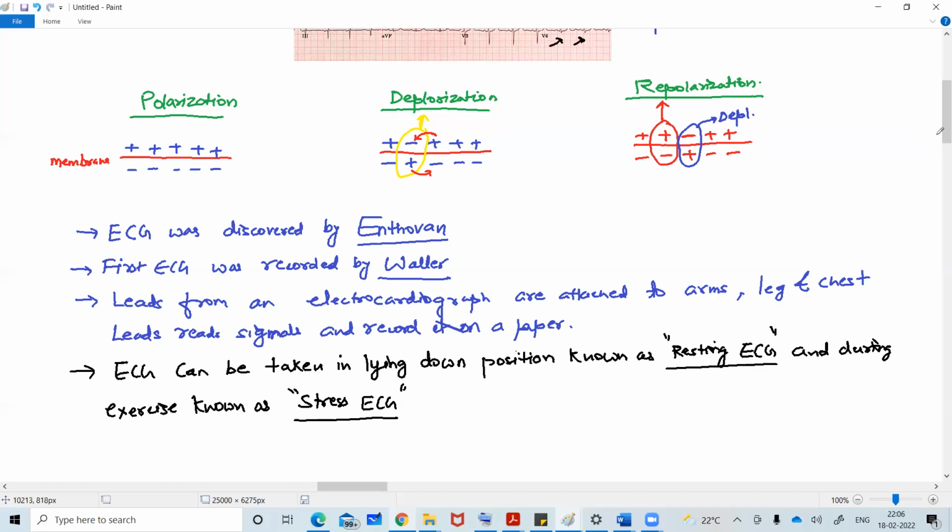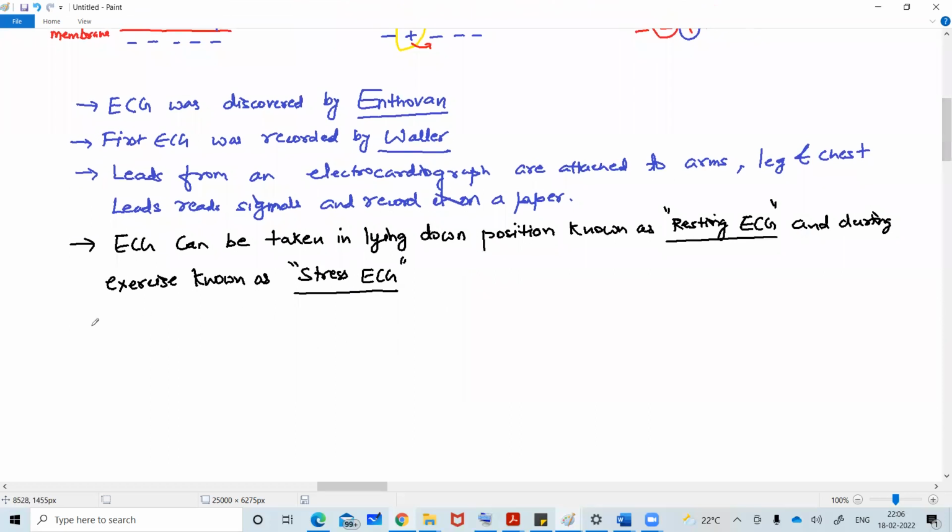So normally, let's see how a typical ECG looks. Let's see the ECG graph, or simply ECG. And let me put one picture here.